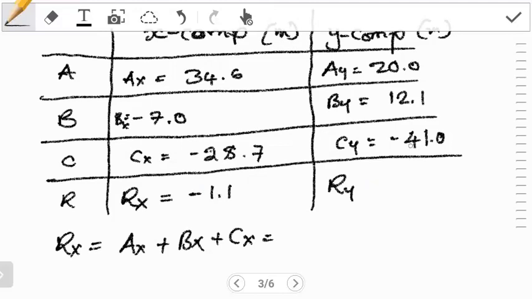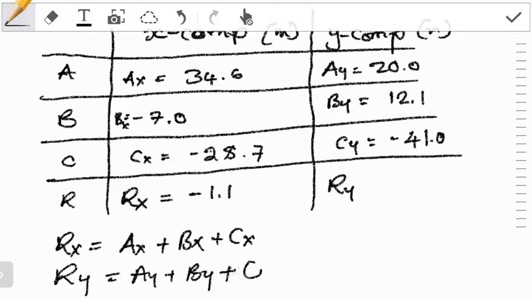Again, for the resultant in y, we have to add Ay plus By plus Cy, and this gives us Ry. If we add them, we get -8.9. So these are the resultants that we get.